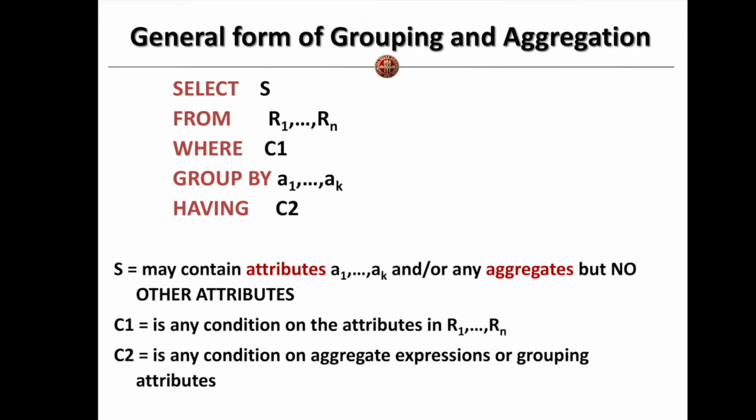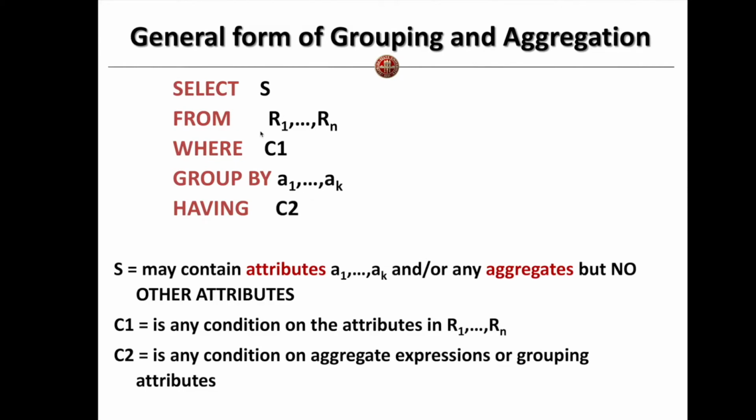I hope you remember the restriction for the attributes appearing in S here, right? These S attributes should be either aggregated or they appear in the group by list. And for the attributes appearing in C2, this condition, they should also be either aggregated or appear in this group by list.